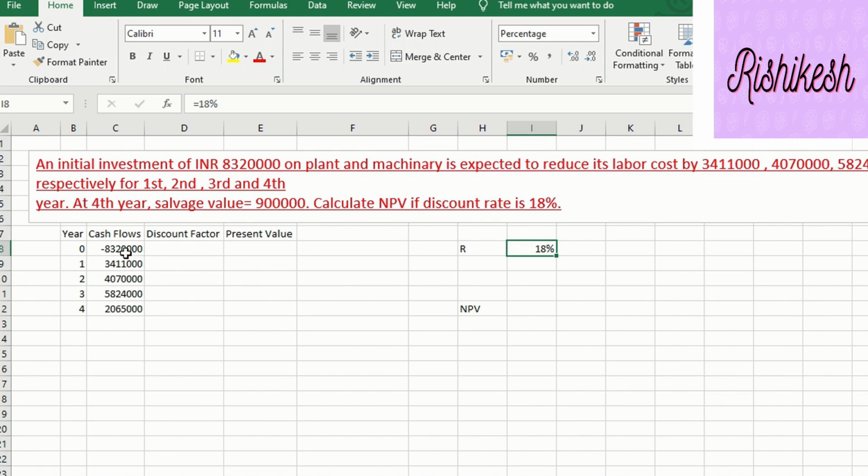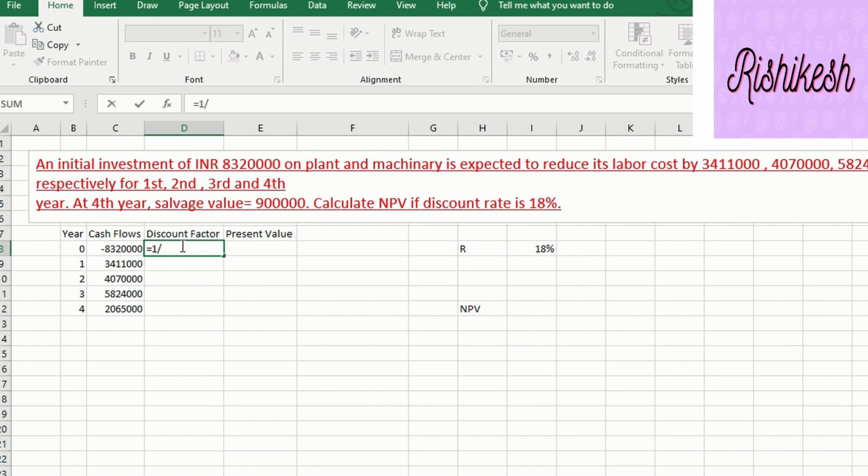And now I have to calculate. So what I've done is that in the initial year, there has been an investment, so I've denoted it with a negative sign, minus 83 lakh 20,000, and then for year 1, 2, 3, 4 I've written down the cash inflows which have occurred, right? So now I have to calculate the discount factor in order to find out the present value.